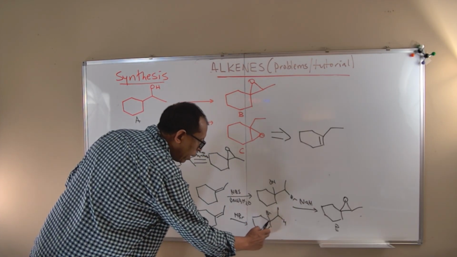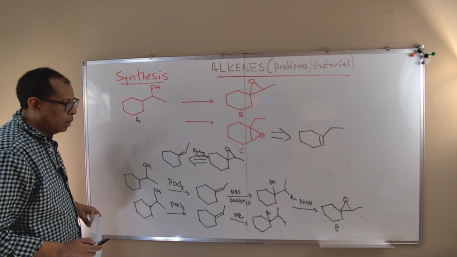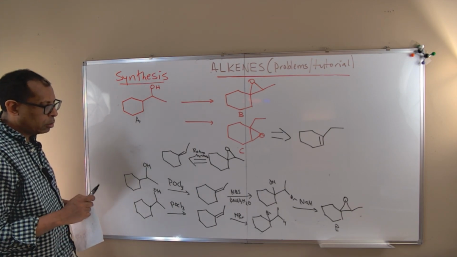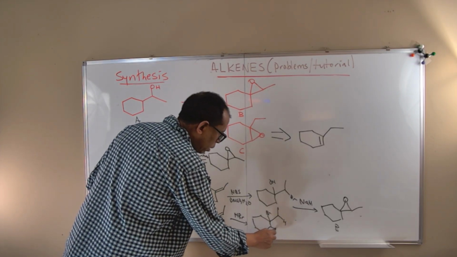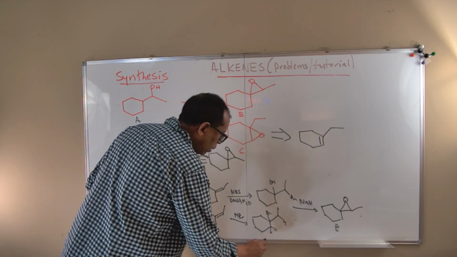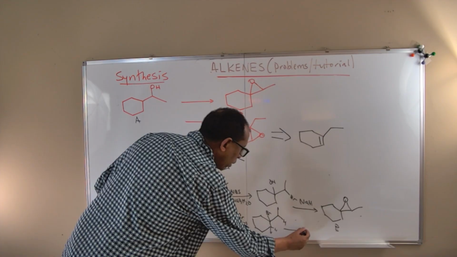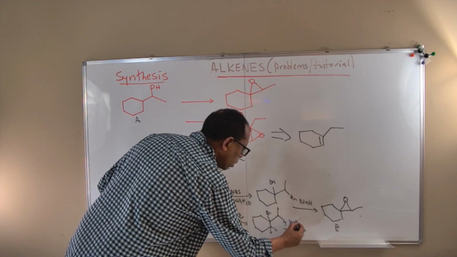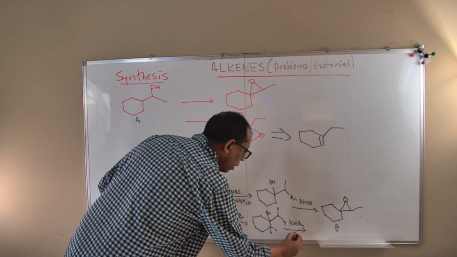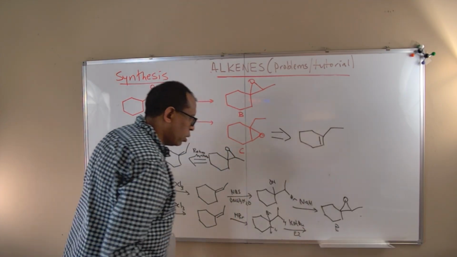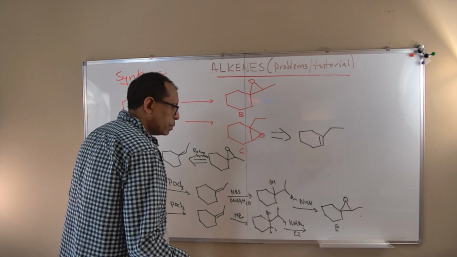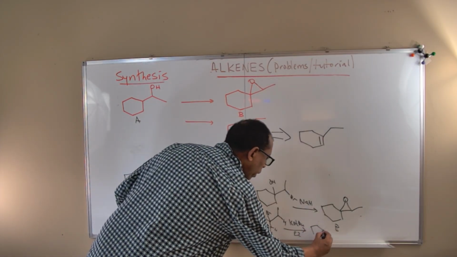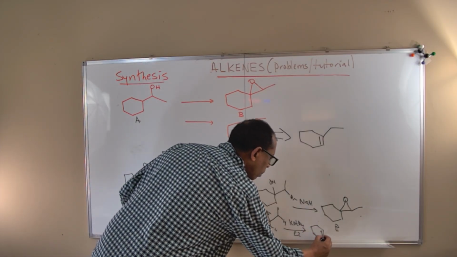Then if I have Br over there, the next thing is to eliminate that Br. If I use these beta hydrogens and a strong base, potassium tert-butoxide, an E2-type elimination, I would make the double bond right here. So that way I will have the double bond here.